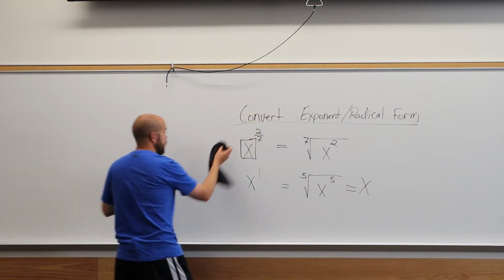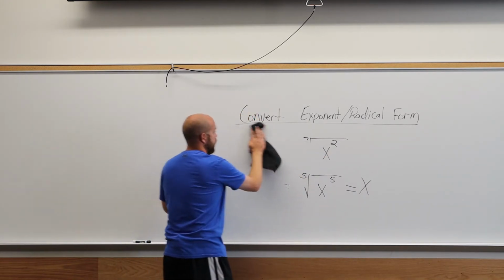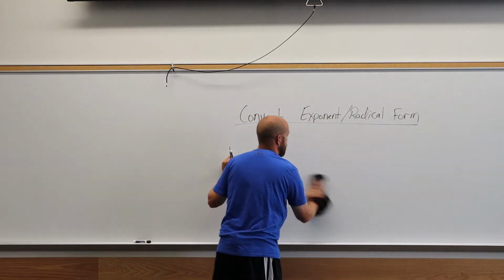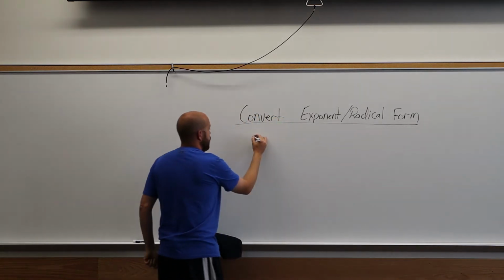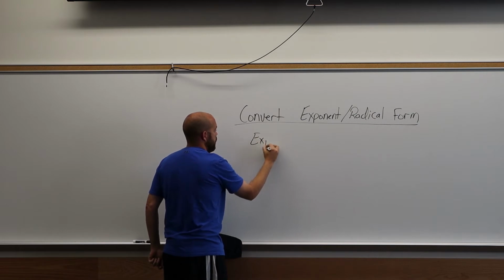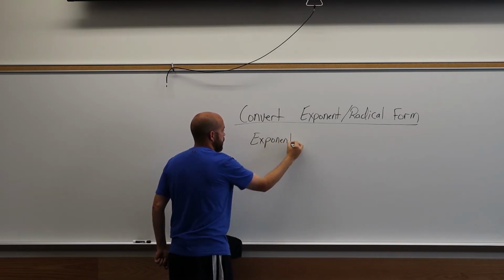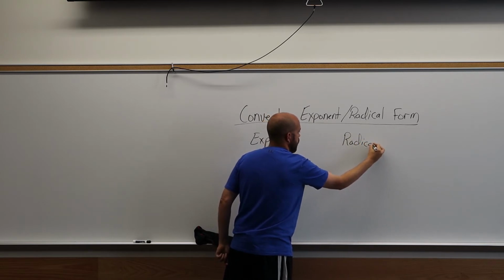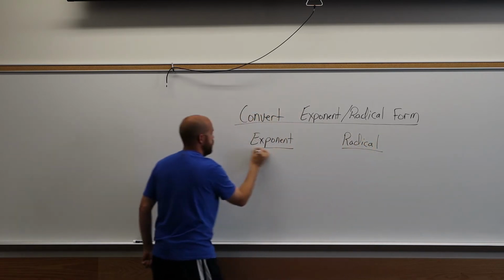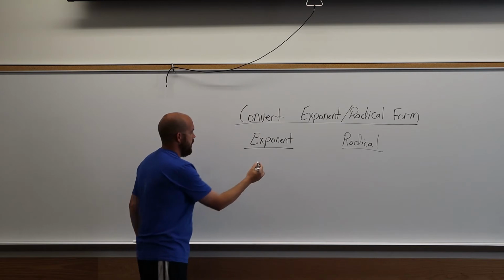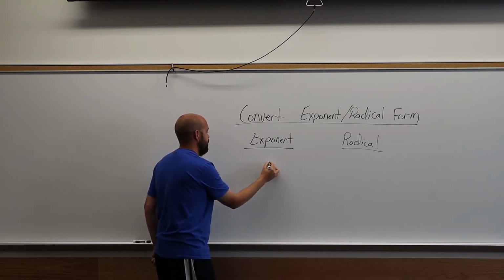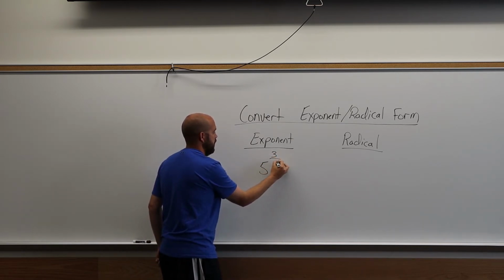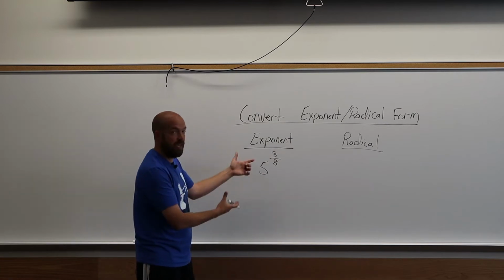All right, let's look at a couple more examples. Again, we are converting from exponent form to radical form and vice versa. Let's say I have 5 to the 3/8 power. That's in exponent form.